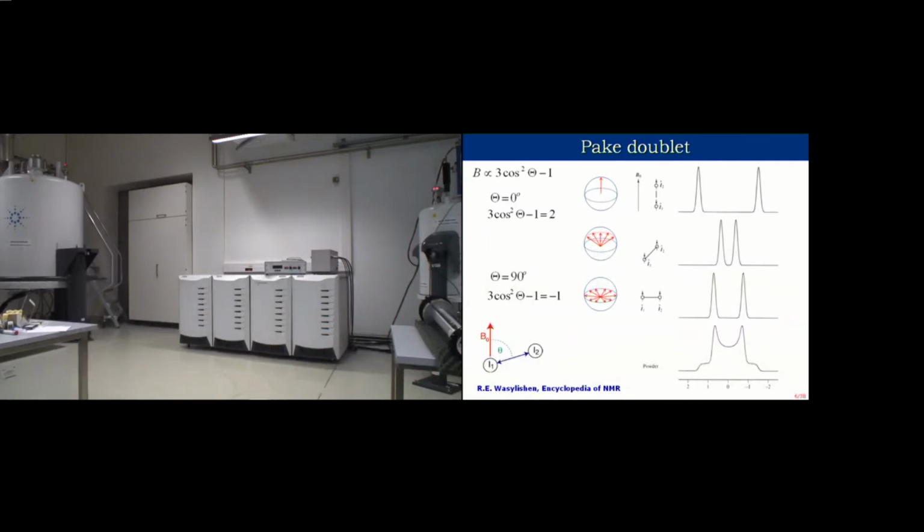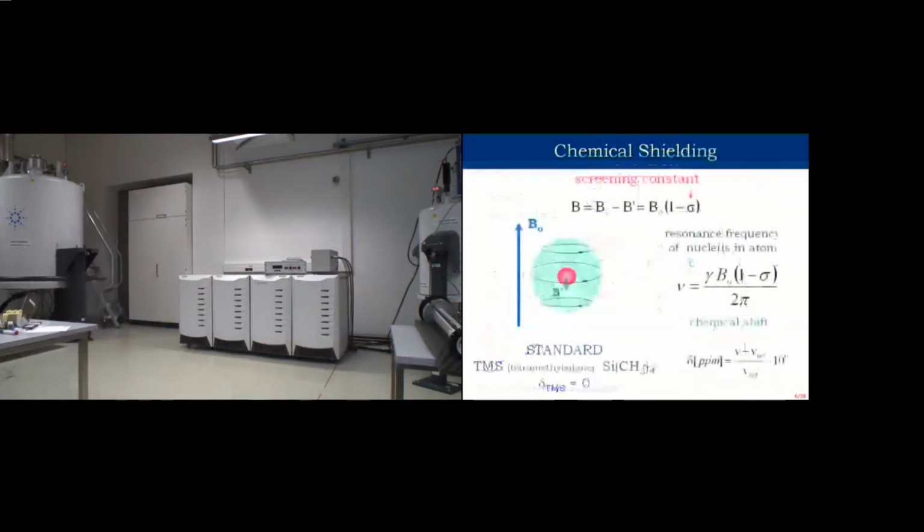This is at the bottom, okay? And again, these lines, as you see, create a distribution of the resonance frequencies which is much broader than for the liquid state.